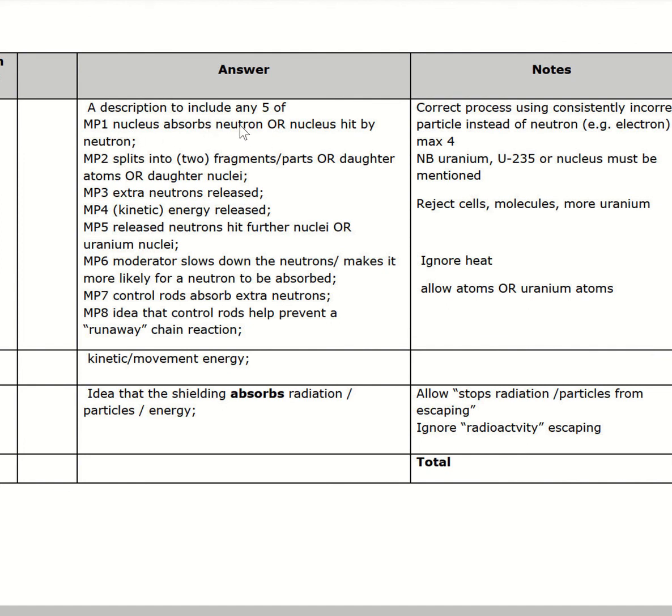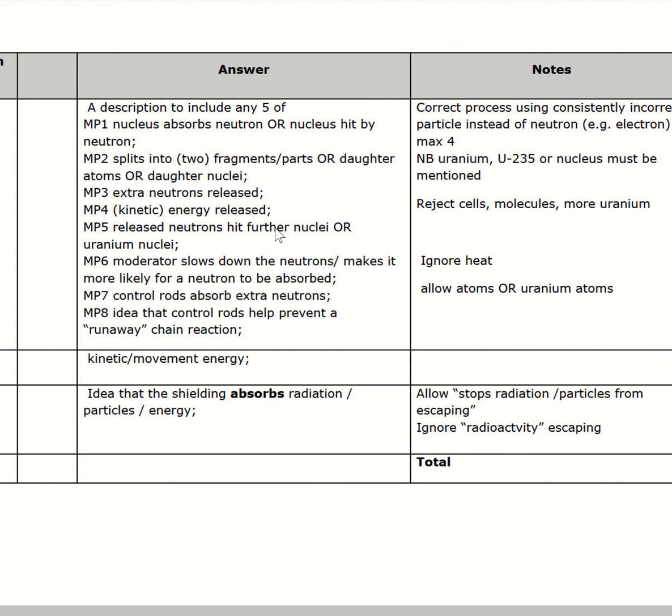Nucleus absorbs neutron, or nucleus hit by neutron. Okay, one mark. Or any five of these. Splits into two fragments, parts, or daughter atoms or daughter nuclei. Extra neutrons released. Kinetic energy released also with the neutrons, because the energy is stored in the neutrons, and released.